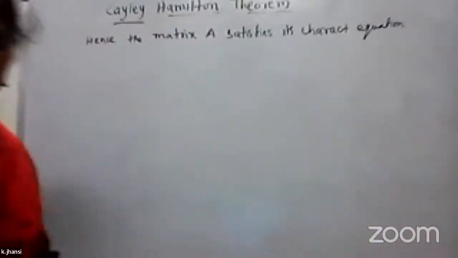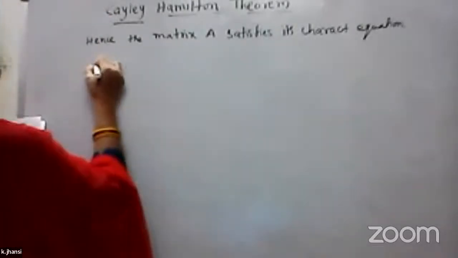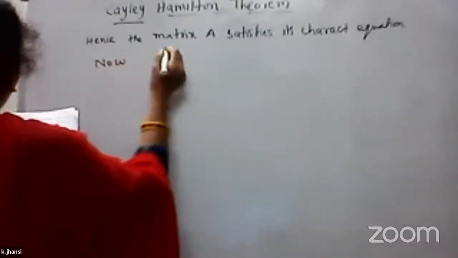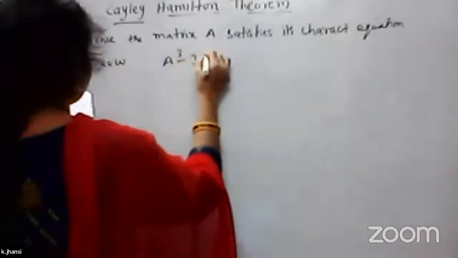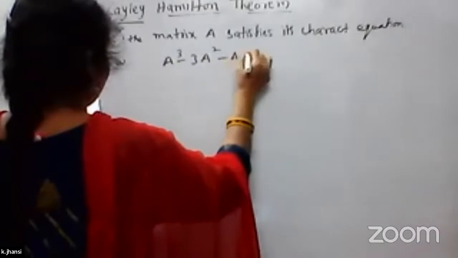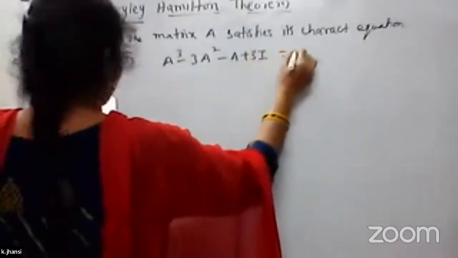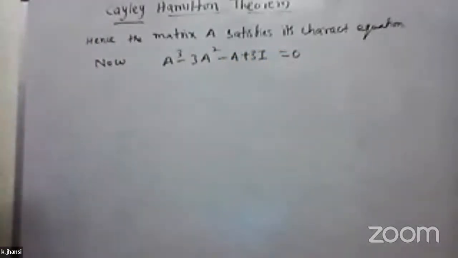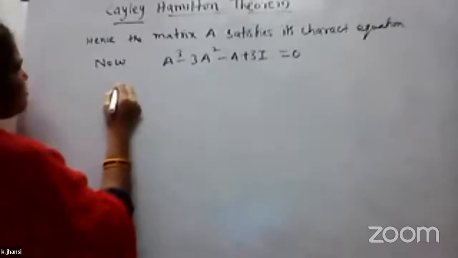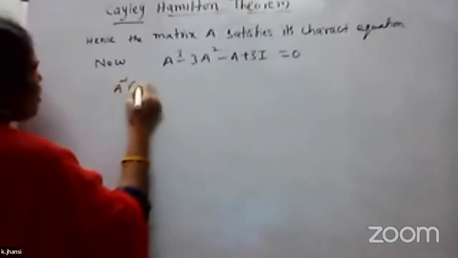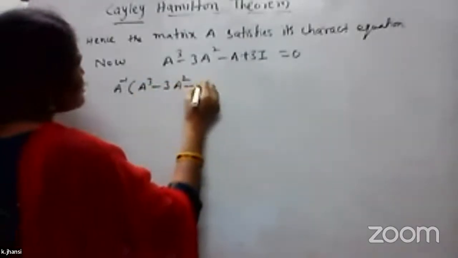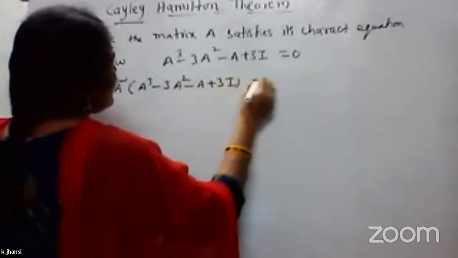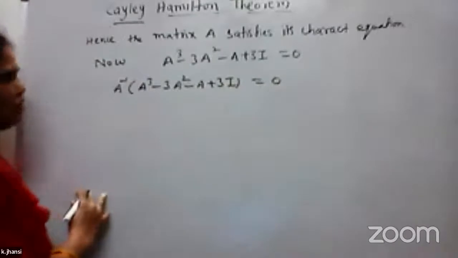So what we got, the characteristic equation, is A cube minus 3A square minus A plus 3I equals 0. Okay, so now multiply by A inverse: A inverse of (A cube minus 3A square minus A plus 3I) equals 0.